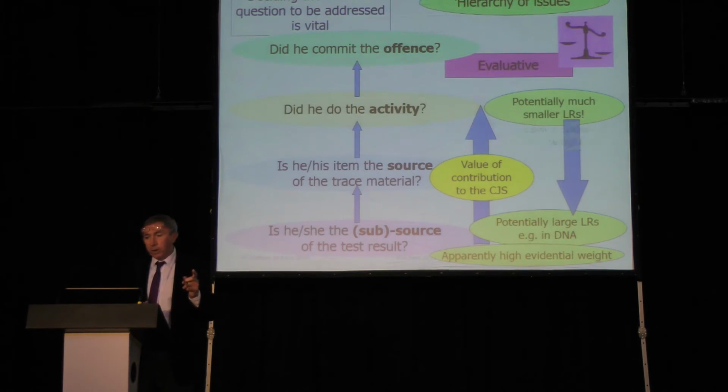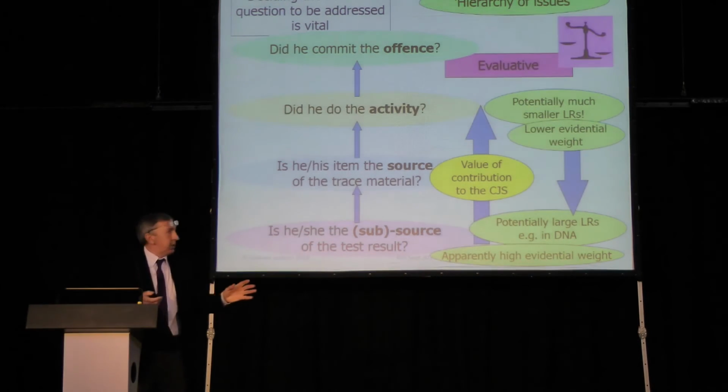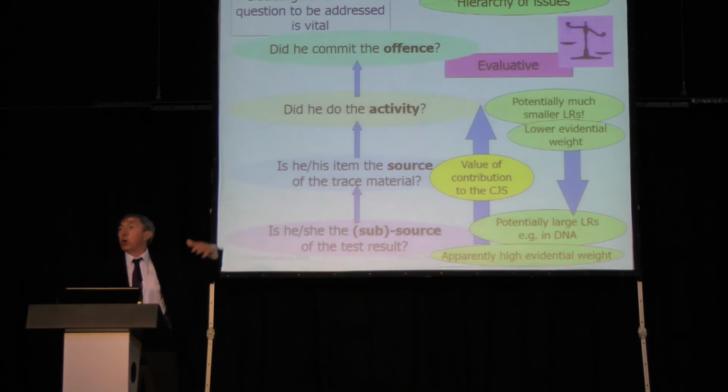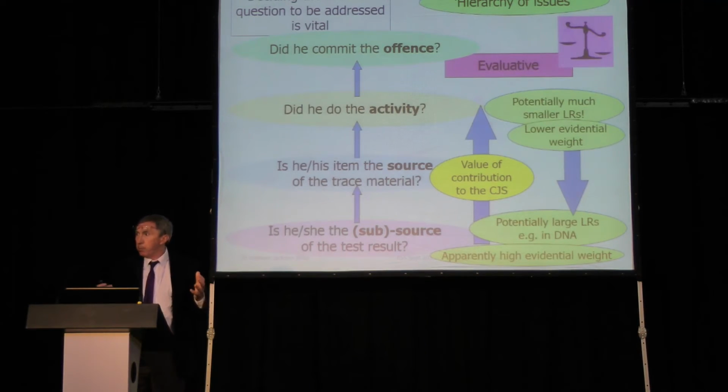And therefore, there is a risk that the evidence is only presented at this lower level, but the court, the fact finder, immediately translates it upwards towards the offence with the same value, which logically it may not have.